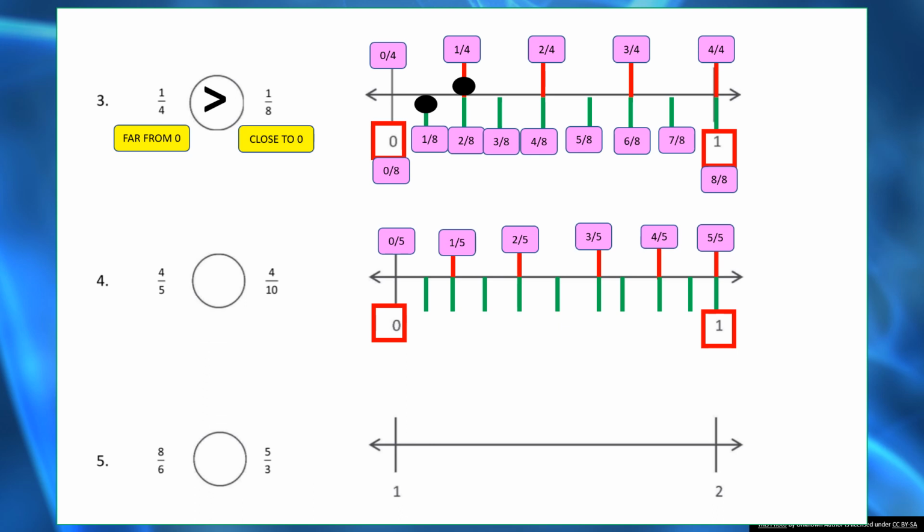Now, let's go ahead and label the bottom of our number line, which is partitioned into tenths. So we're going to start at 0, and the fraction there would be 0 tenths. And we're on a number line, so we just count up.